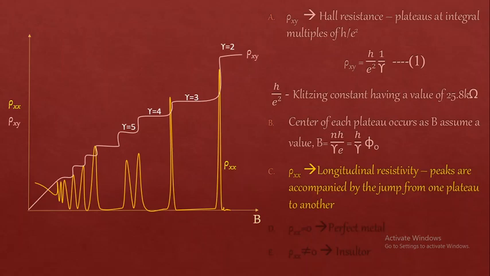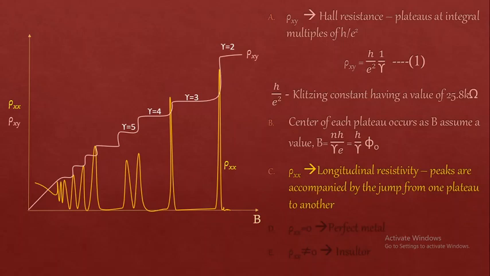So as the plateaus jump, we have the peaks in our rho xx, that is longitudinal resistivity graph.